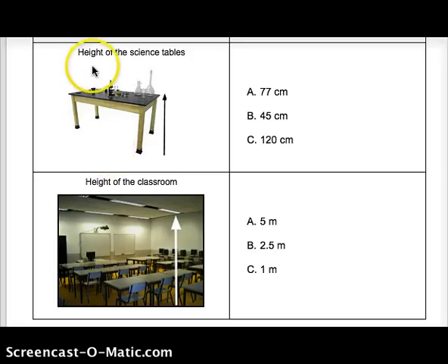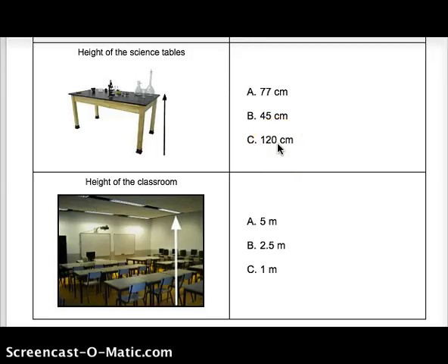The next object that you will need to estimate the size of is the height of a science table. So the table that you are sitting on right now, you're going to estimate the height of that table. What do you think? Is it 77 centimeters, 45 centimeters, or 120 centimeters?